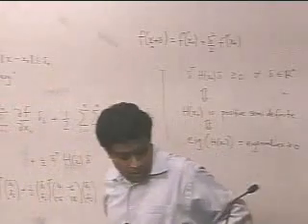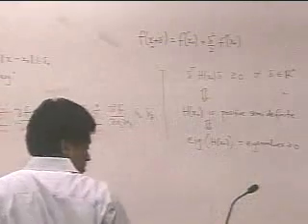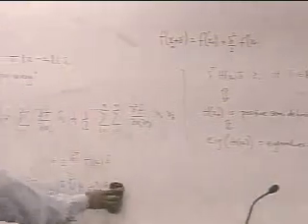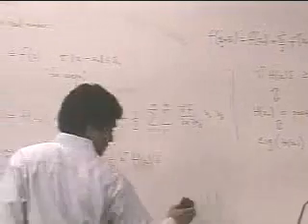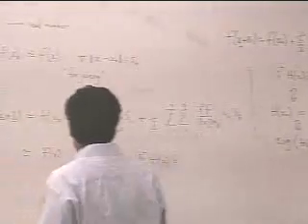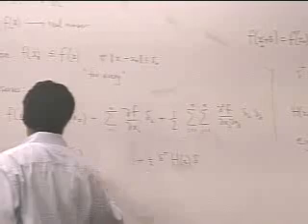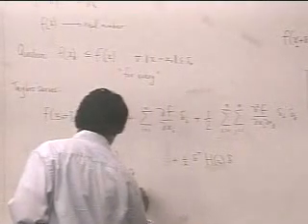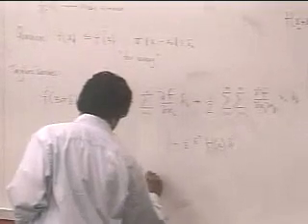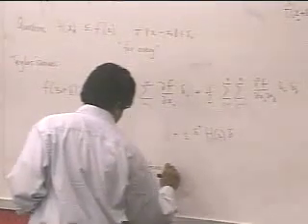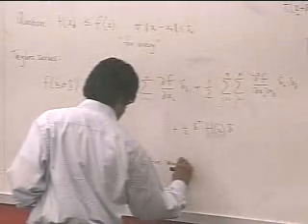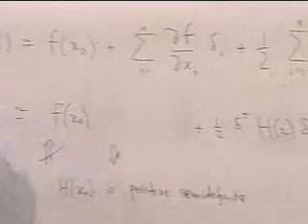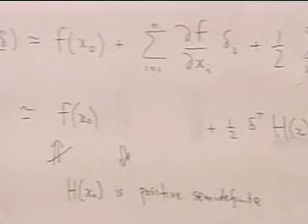All right. Let's say we know how to check whether something is positive semi-definite. We're still stuck with the same old problem. This implies that H of x0 is positive semi-definite, but it doesn't imply the other way. Yes? Can you not see it?